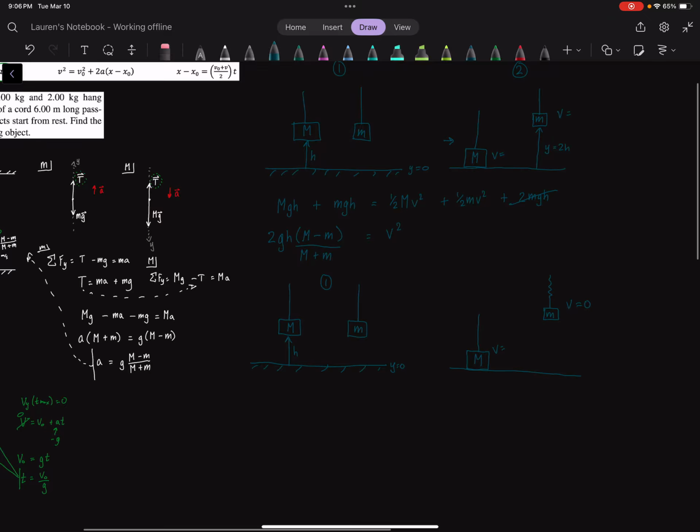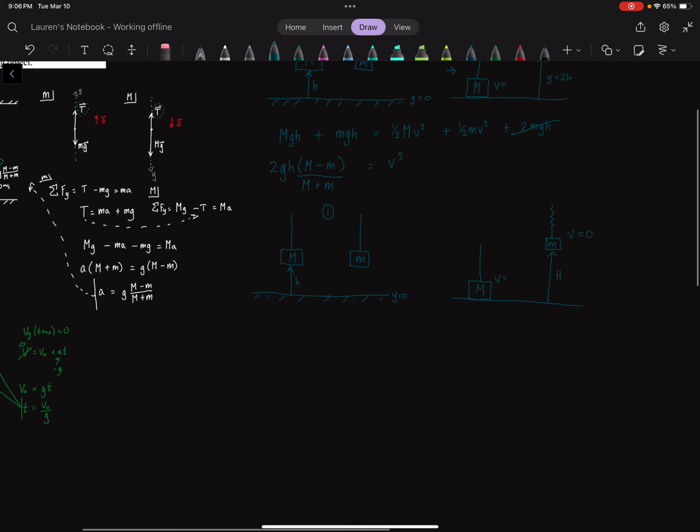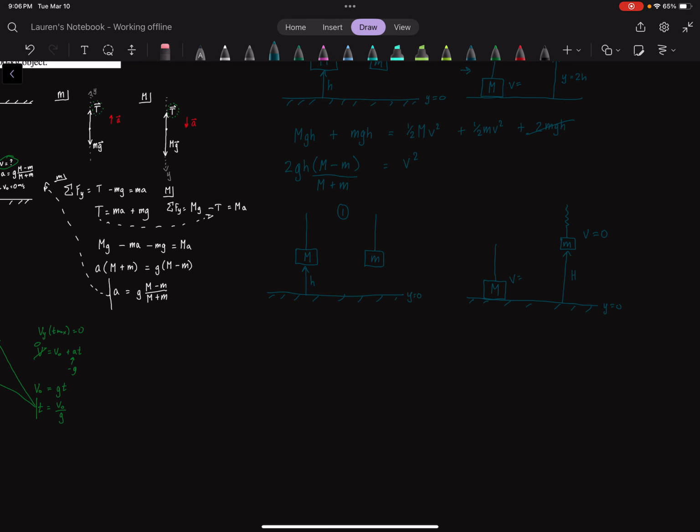And the velocity here is what we found above for the big mass. All right, and so then I will call this here big H, and that's really what we were trying to solve for over here, was that maximum height. So this is the ground, and this is y equals 0. So in the initial, we're going to have exactly the same thing. We're going to have the gravitational potential energy of each when they're hanging a distance h above the ground.